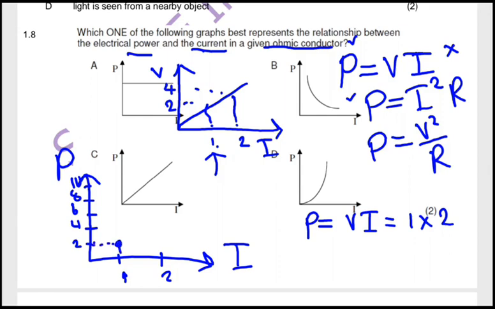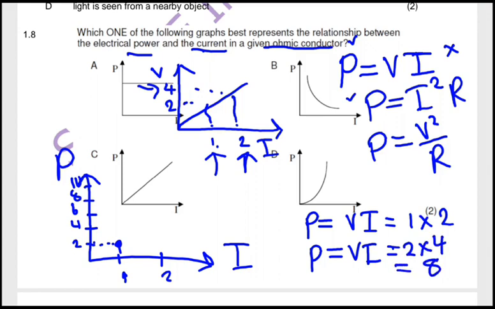But what happens now when the current is 2? Using the same approach, the current is now 2, the voltage is now 4. So we're going to have 2 times 4 to give you 8. That's a sharp increase from the previous value.